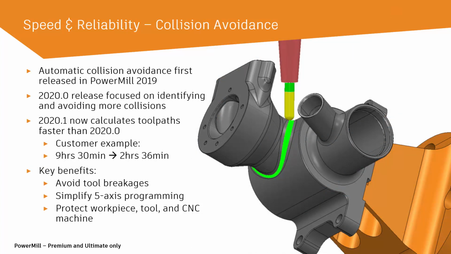Now, automatic collision avoidance was first included in Powermill 2019, a year or so ago. And this was a major revolution in Powermill in the fact that it simplifies the programming of complex parts on 5-axis machines by offering users a simple automatic option to control how the 5-axis tool axis motion behaves.